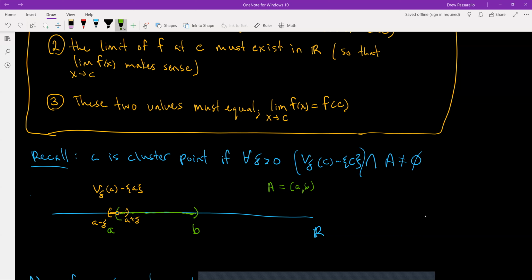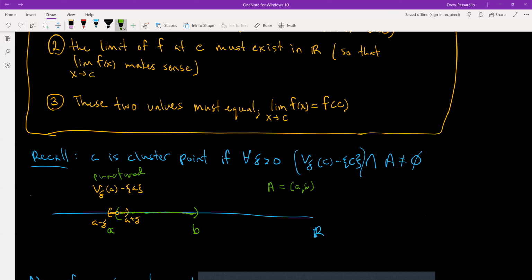Then I focused on just the endpoint a, which in this case is a cluster point of A, because if I draw any delta neighborhood around a, without including a, so it's the punctured delta neighborhood, which is why there's an open dot at a, then there are going to be members of A in that punctured neighborhood.